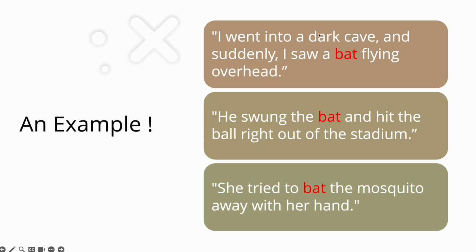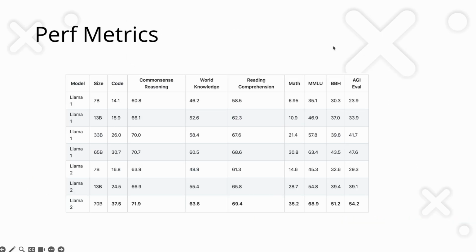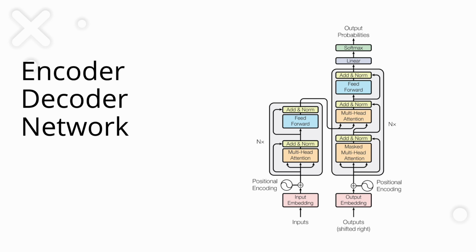Otherwise, there is no way of knowing that this bat is an animal. Obviously this cricket bat cannot fly, right? Because of words like flying and dark cave, we can make sense out of it. The transformer is doing exactly the same thing.